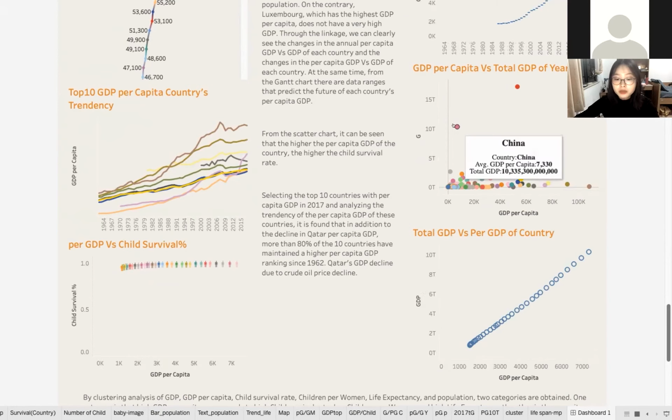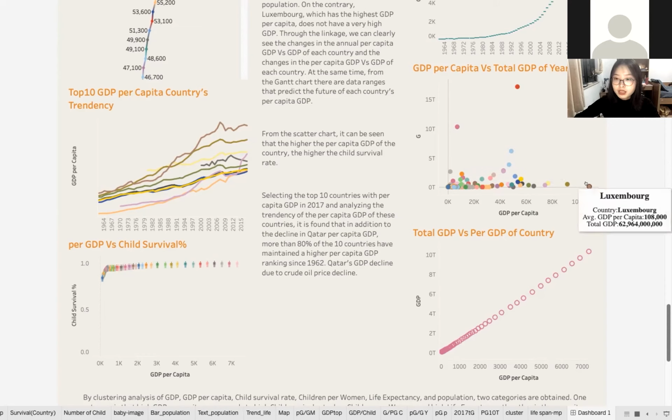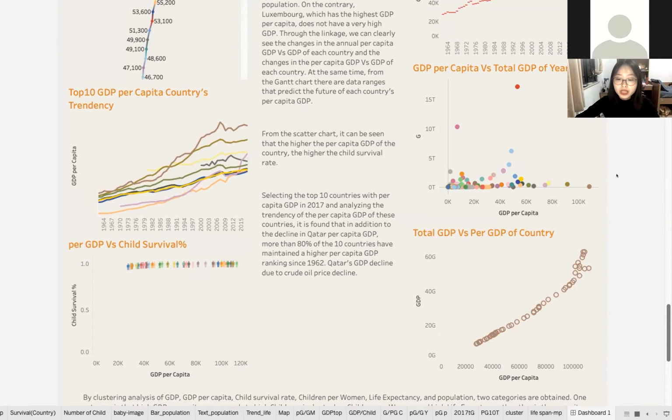Because of the large population of the country, China's GDP per capita is not very high, while Luxembourg, which has the highest GDP per capita, does not have a very high total GDP. Through the linkage, we can clearly see the changes in the annual per capita GDP compared with GDP of each country, and the change in the per capita GDP with GDP of each country.